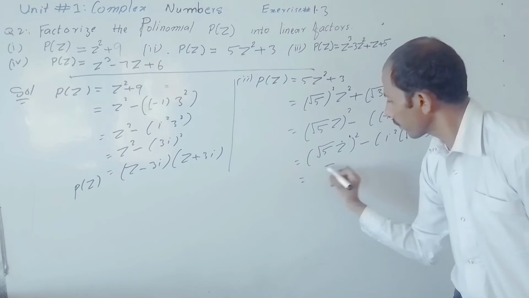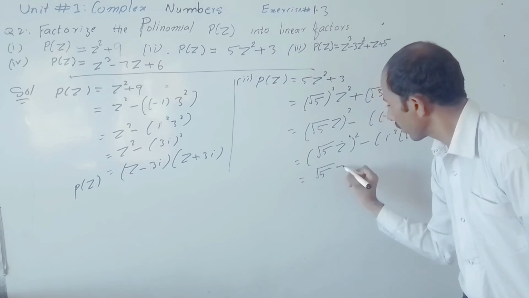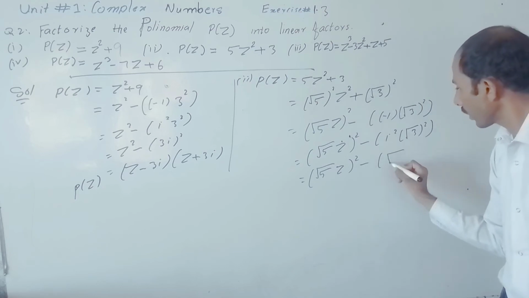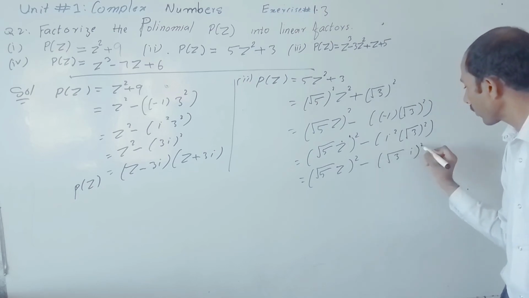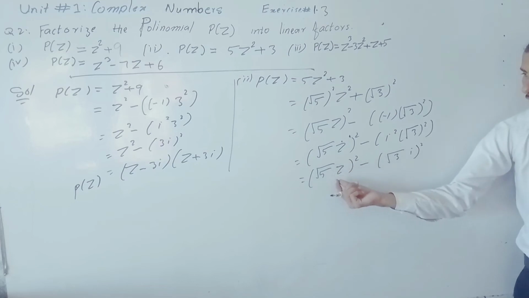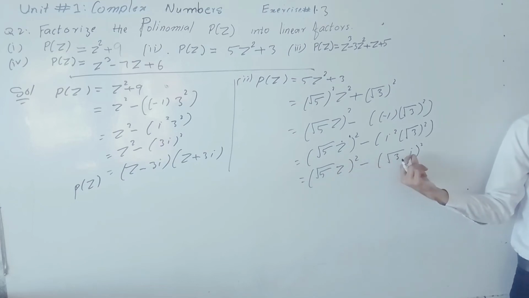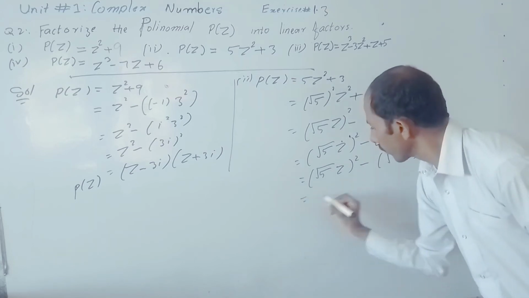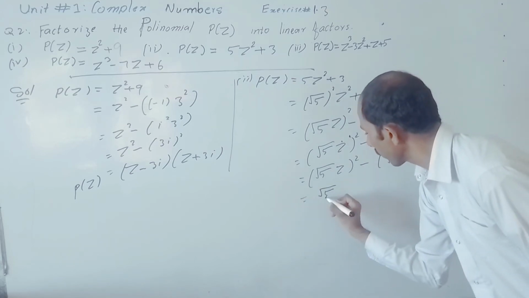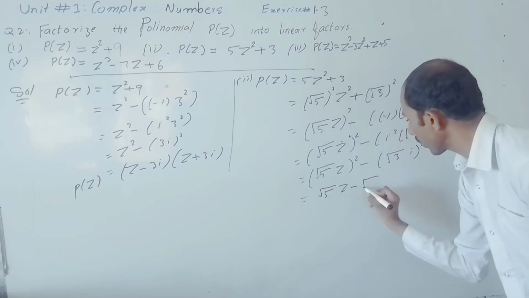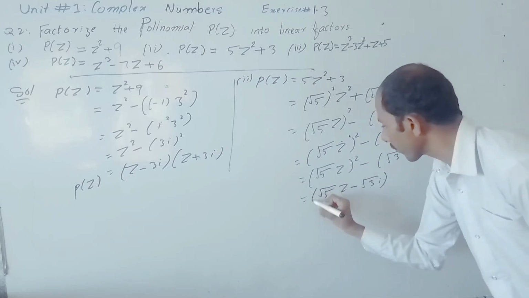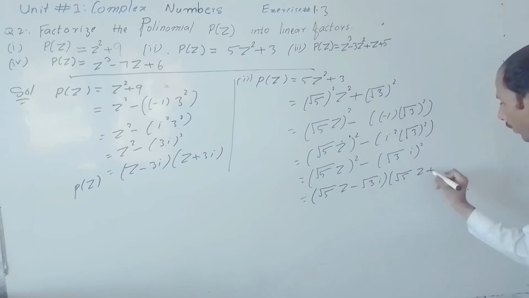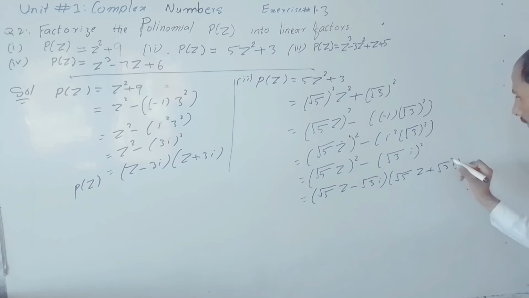So next, under root 5 z whole square minus under root 3 iota whole square can also be written in the form of under root of 5 z minus under root of 3 iota into under root of 5 z plus under root of 3 iota.